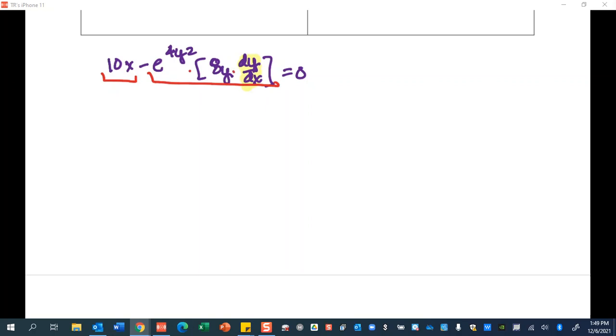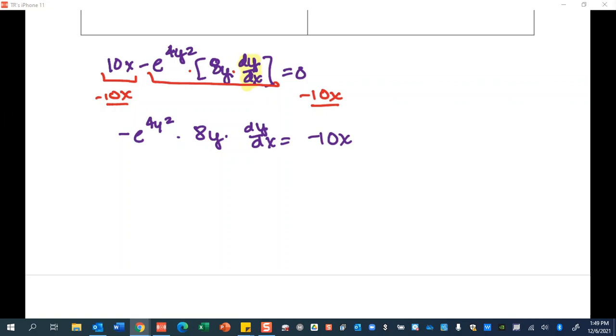So this guy's got to go first. Make sense? So if I subtract 10x from each side, I've got the opposite of e to the 4y squared times 8y times dy/dx is equal to the opposite of 10x.